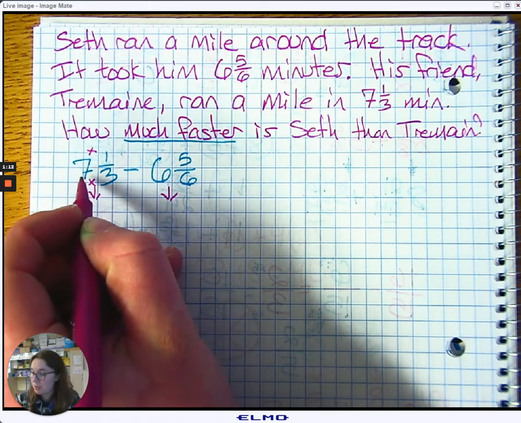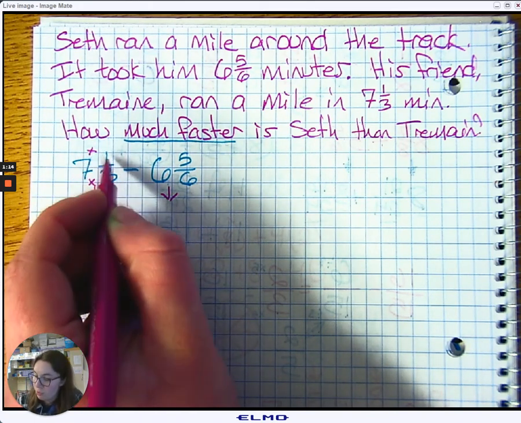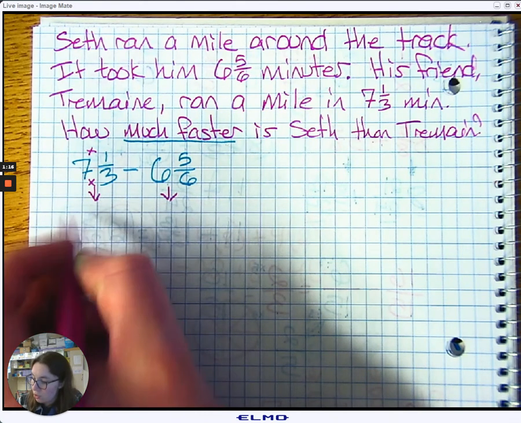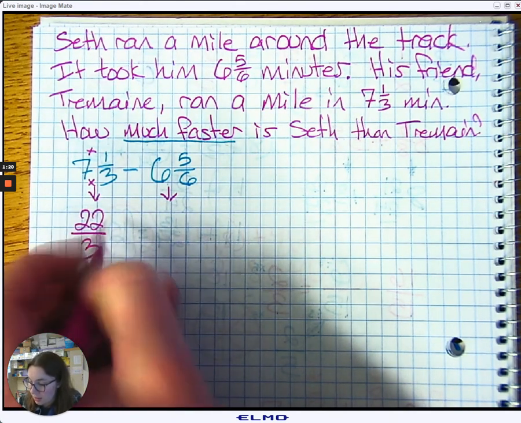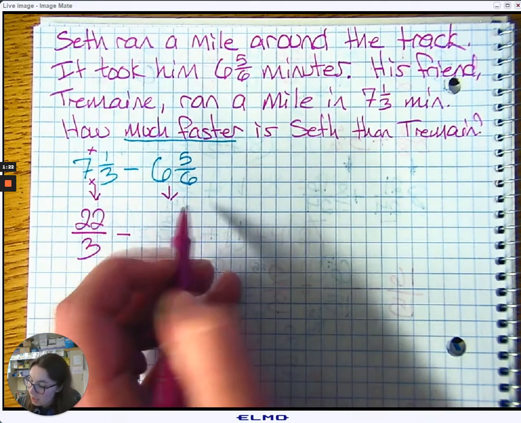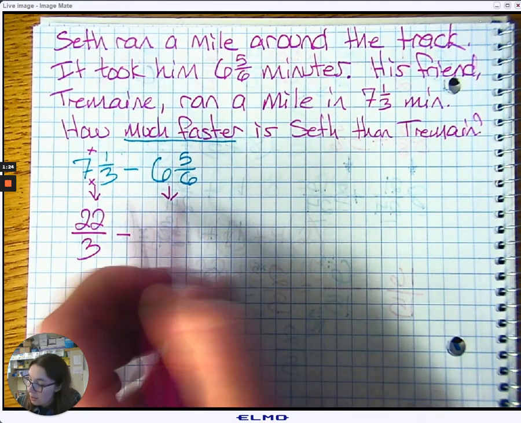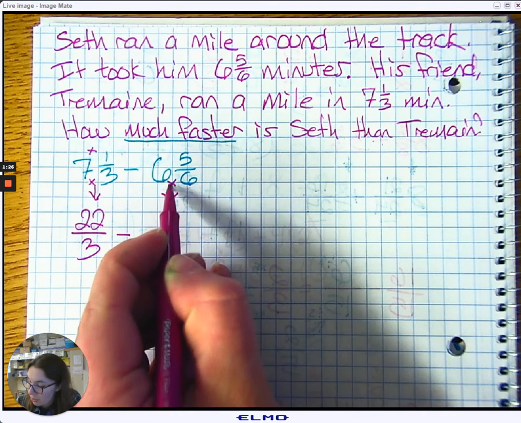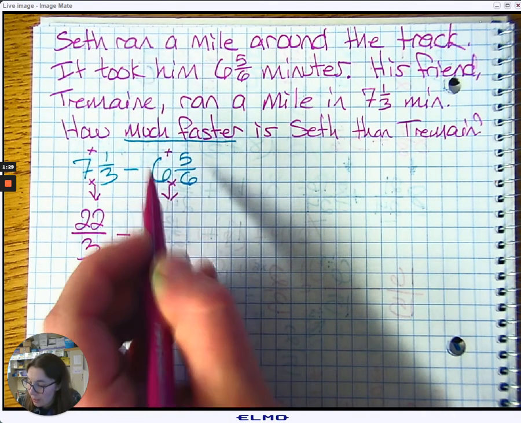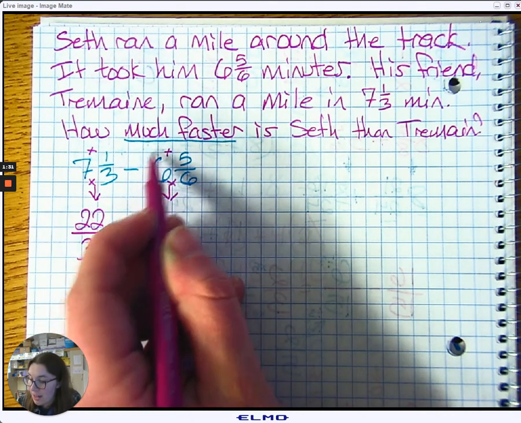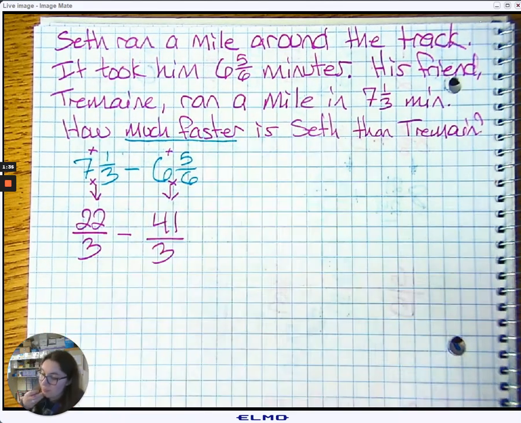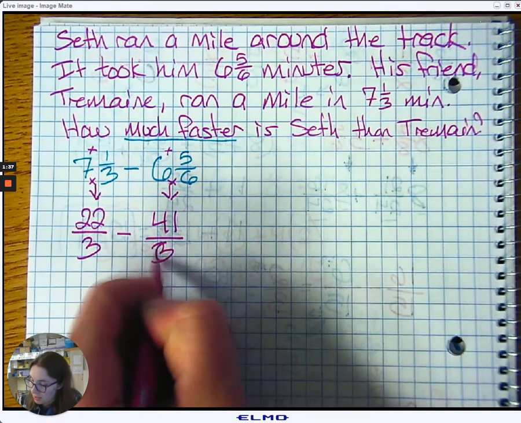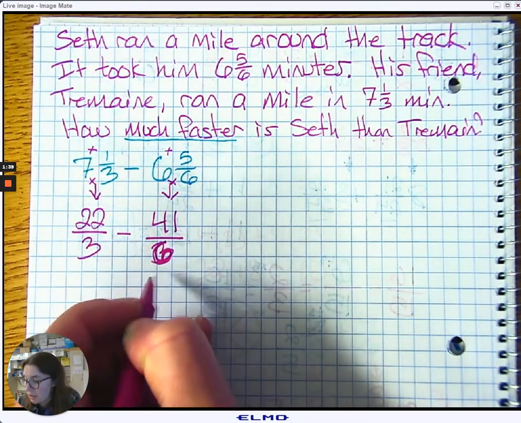So 7 times 3 is 21 plus 1 equals 22 over 3. Denominator stays the same. Minus, again, multiply the denominator by the whole number and add the numerator. 6 times 6 is 36 plus 5 is 41 over 6. Sorry, not over 3, over 6. My mistake, because the denominators don't change.